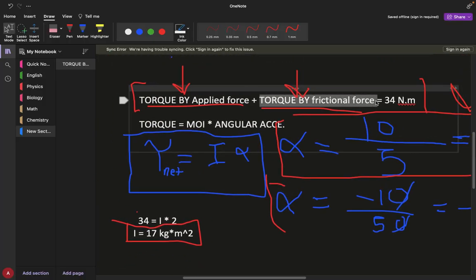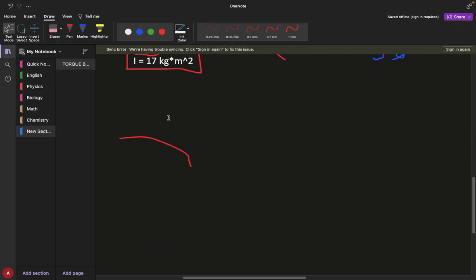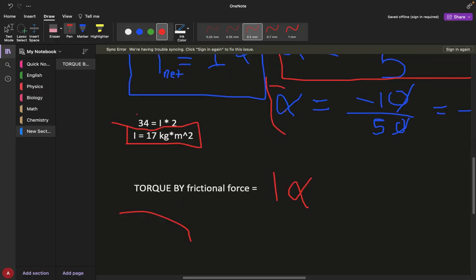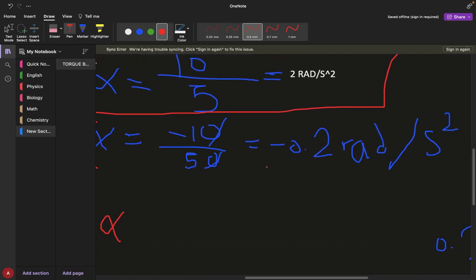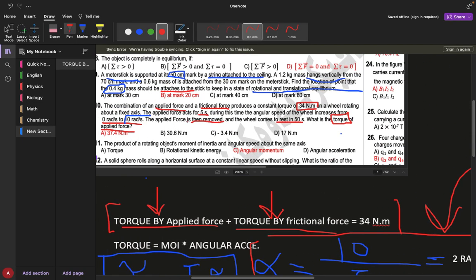The torque by the frictional force equals, again, moment of inertia times alpha. The reason why I'm using this angular acceleration is because the moment the applied force is removed, we purely just have the torque by the frictional force.